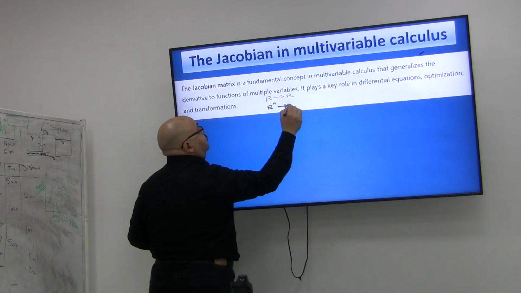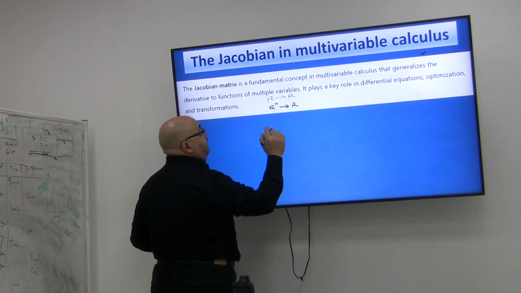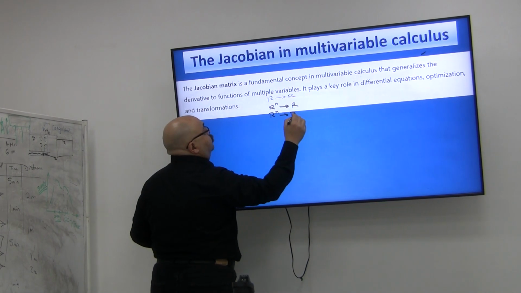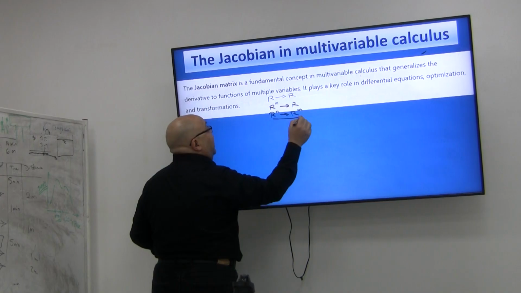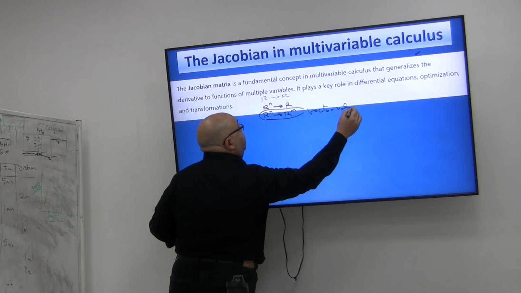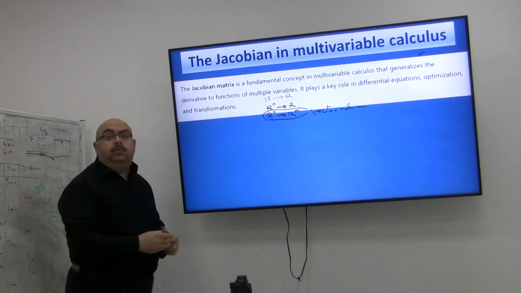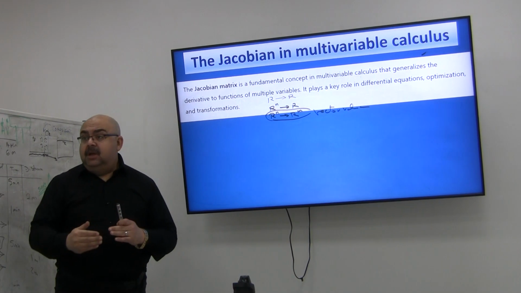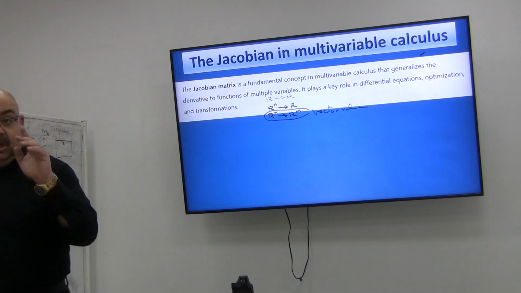From Rn to R, functions in several variables. From Rn into Rn, that's what I call vector valued functions.